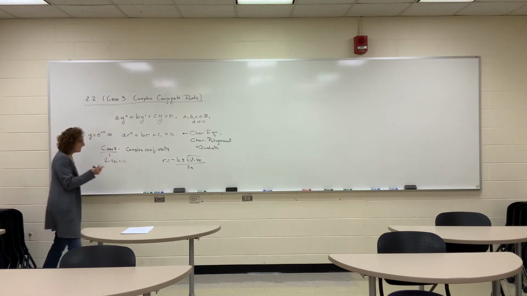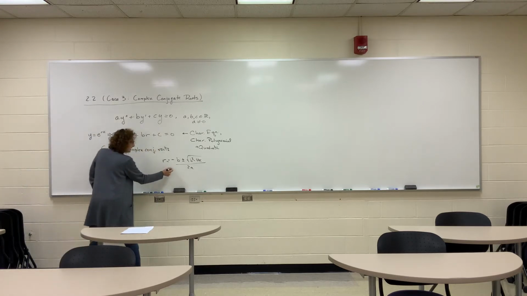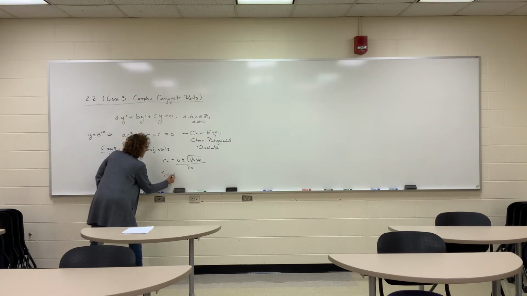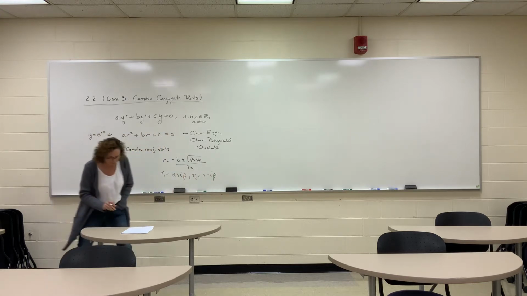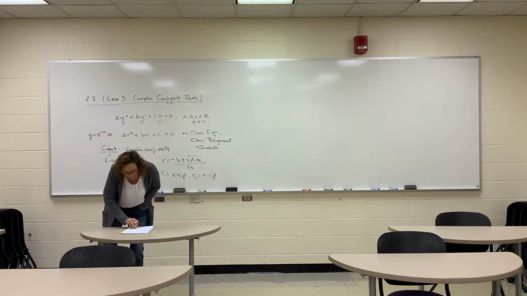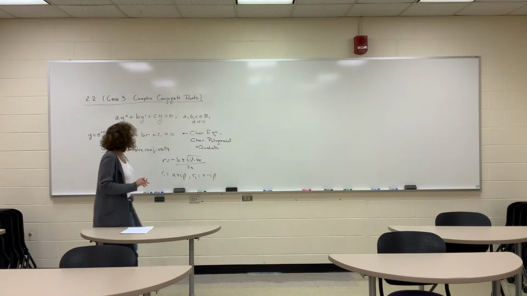When that is negative, what we get out is 2 complex conjugate roots. So r1 is some alpha plus i beta, and r2 is alpha minus i beta. What? Right? Okay, we'll explore that in just a little bit.